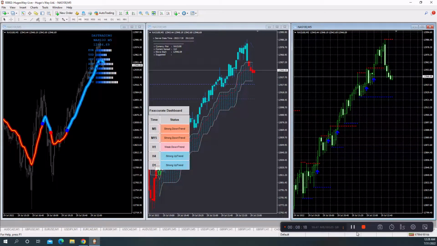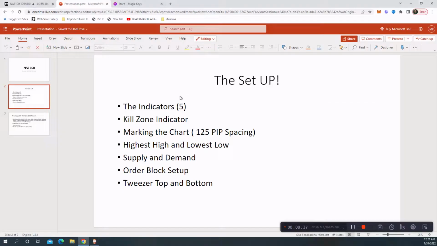It gives you a good idea of the way the market is going. When I do my trades in the morning New York session, this is really just a monitor to make sure that everything is going in the direction that I want it to go. So those are three of the indicators.